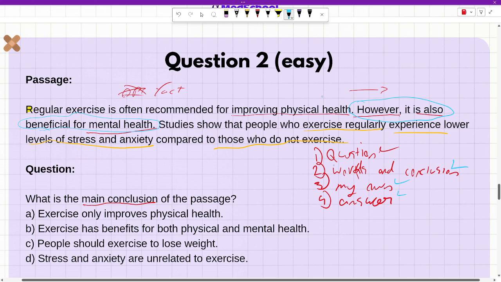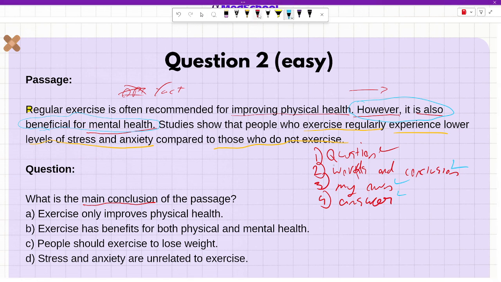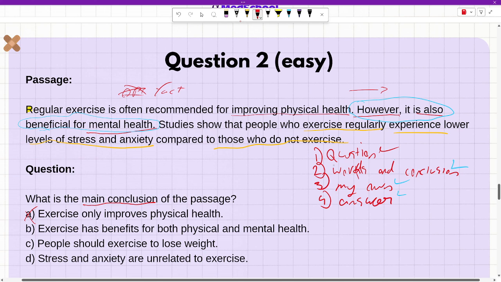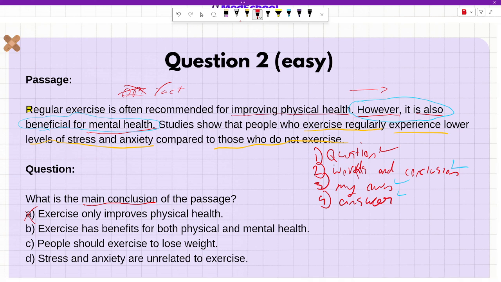So exercise only improves physical health. This is basically what he's trying not to say. He's trying to say that it does not improve just physical health. So no, exercise has benefits for both physical and mental health. This does match a lot with what we're saying, but let's continue reading.